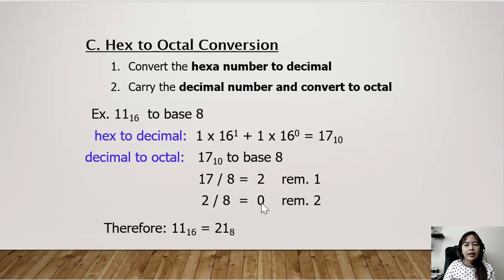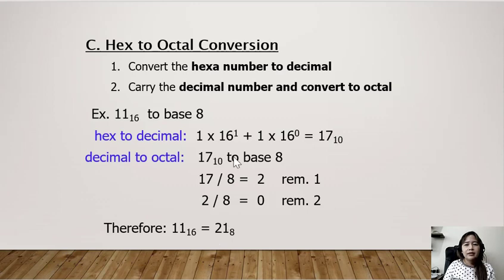And we read it from bottom up. So from 17 in decimal form, the equivalent in octal is 21. In other words, from 11 in hexadecimal form, the equivalent in octal is 21.